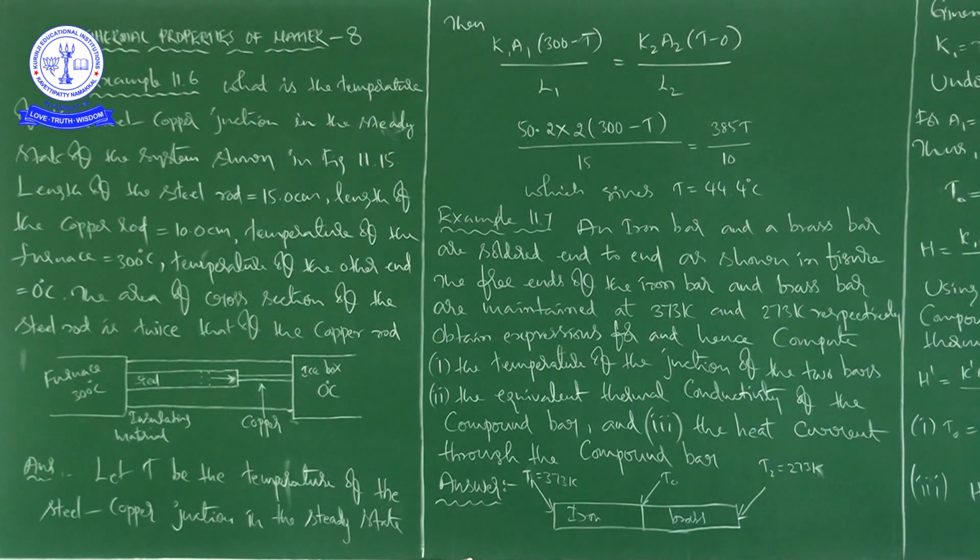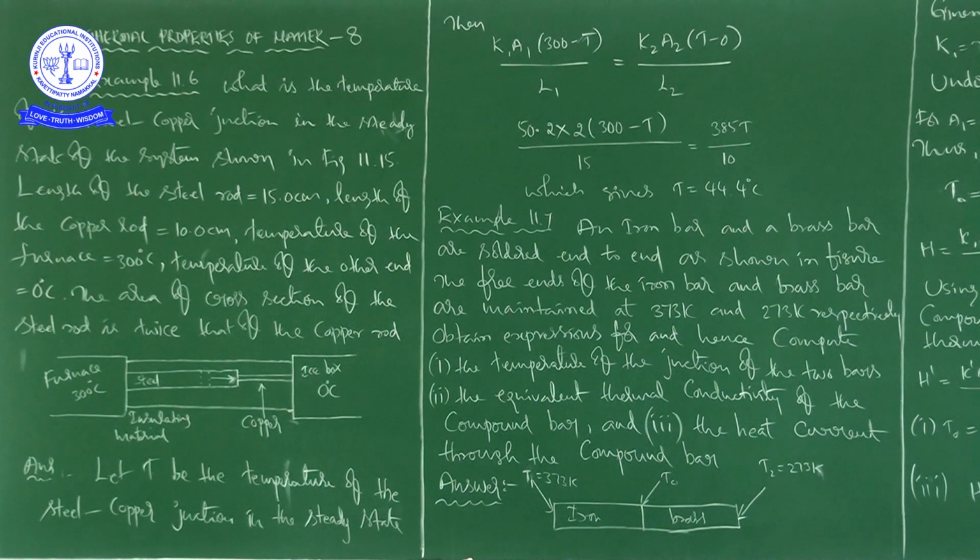And here, 1 and 2 refer to, because here we have mentioned 1, here we have mentioned 2. What do 1 and 2 refer to? Steel and copper rod. And I already told you A1 is equal to A2 according to the question. L1 is 15 centimeters given, L2 is 10 centimeters given, K1 value also given 50.2, and the K2 value also given, 385.